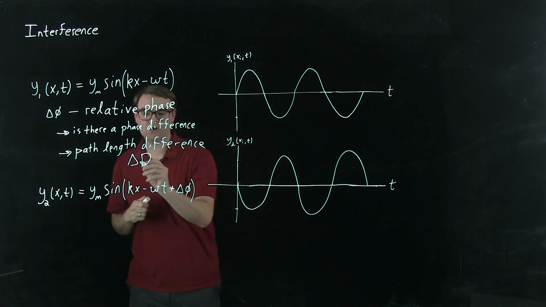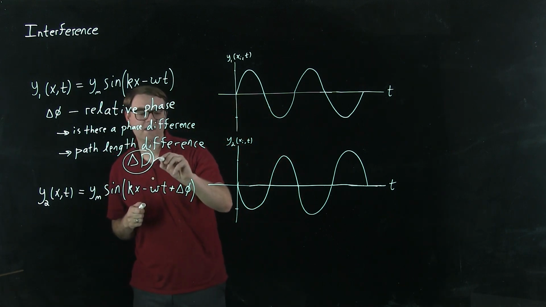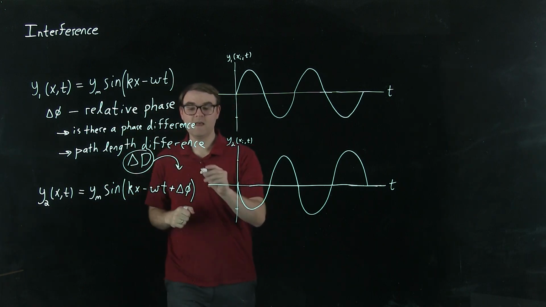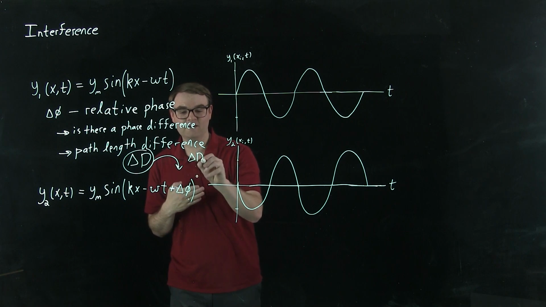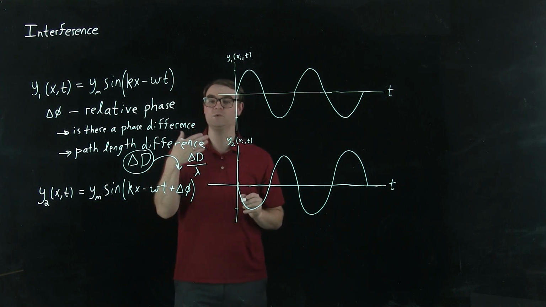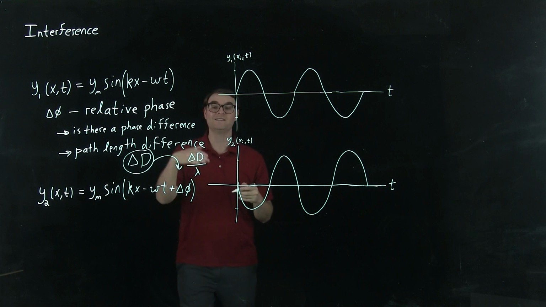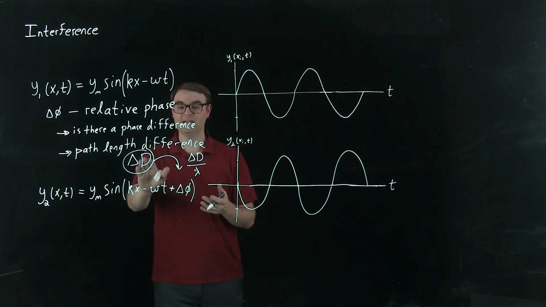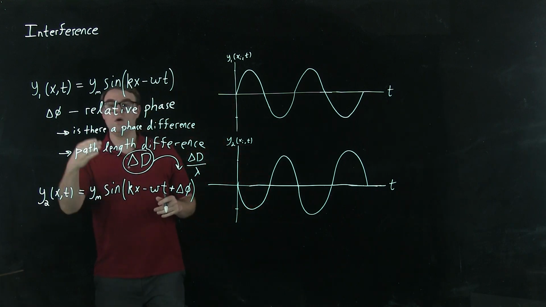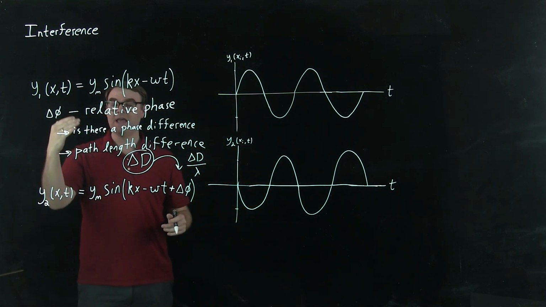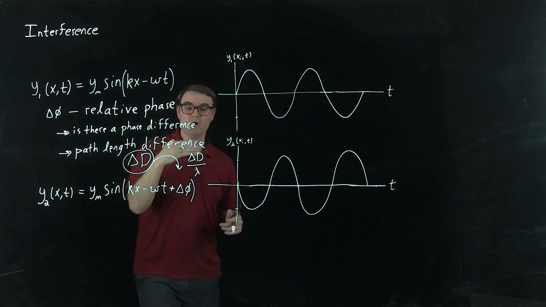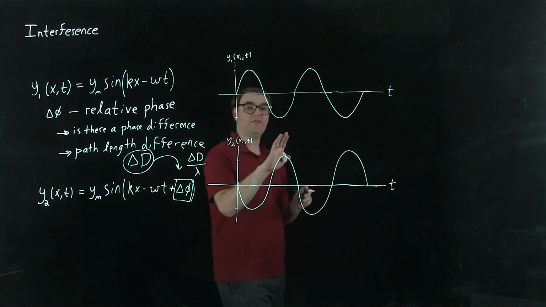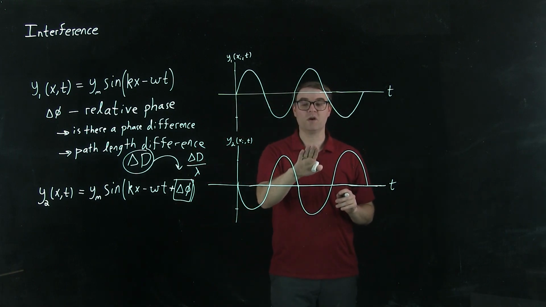And you can always turn that path length difference into an equivalent phase difference for the relative phase by taking the path length difference and dividing it by the wavelength, which will give you a measurement in radians instead of in meters or centimeters or whatever it is you're measuring delta D in. Once you know whether or not there's a phase difference and the path length difference, you can put those things together to figure out the relative phase, which will then in turn let you figure out what sort of interference you have.